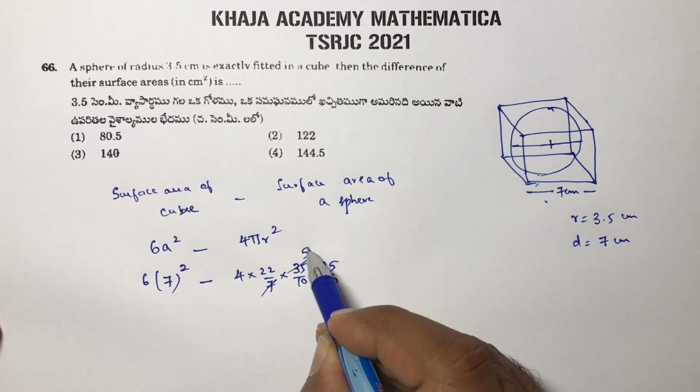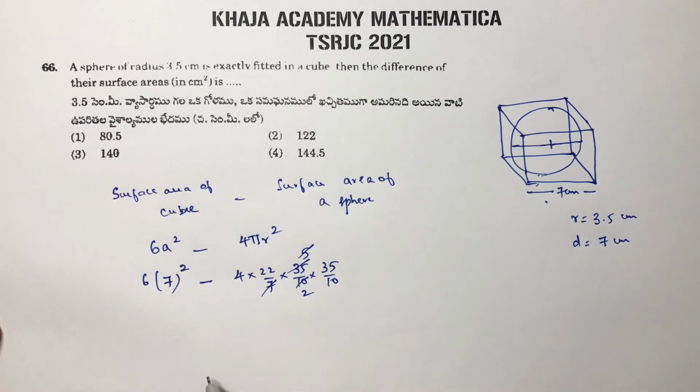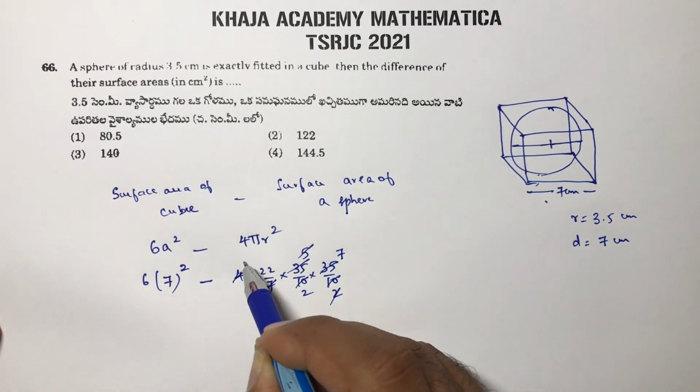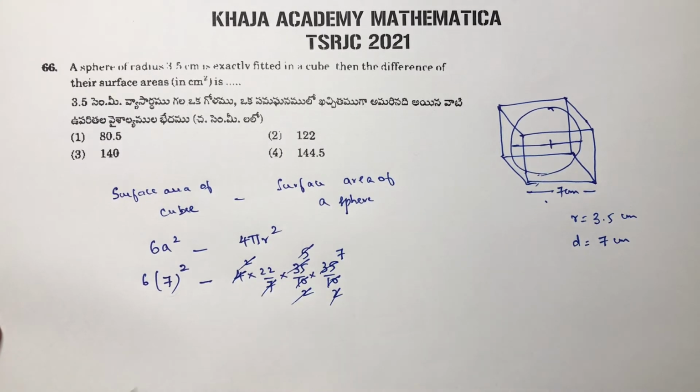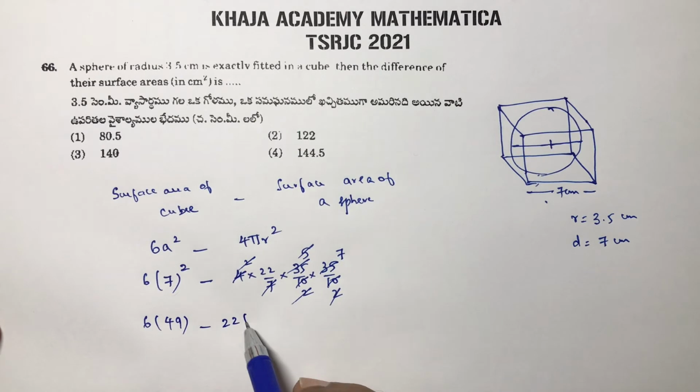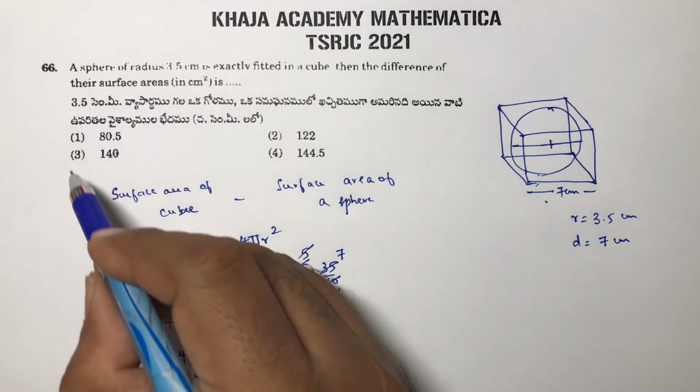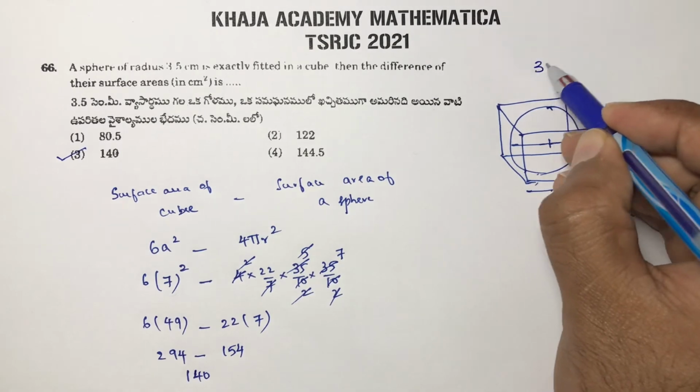Simplifying, 6 times 49 minus 22 times 7. 6 into 49 is 294, minus 154, which is 140 centimeters square. So the correct option is 3.